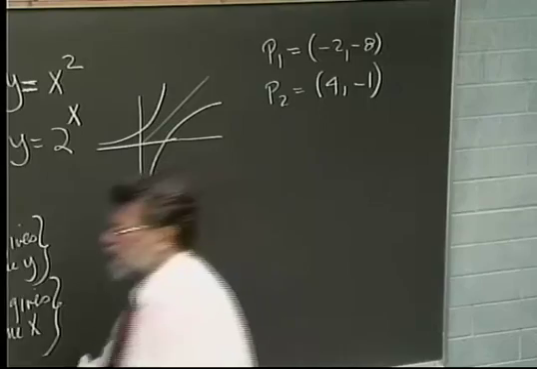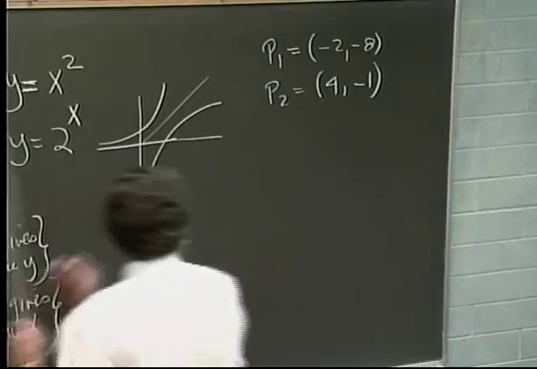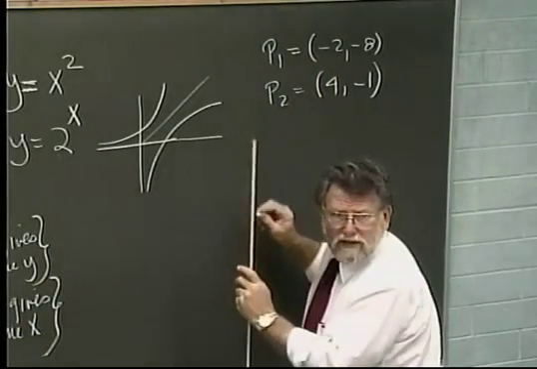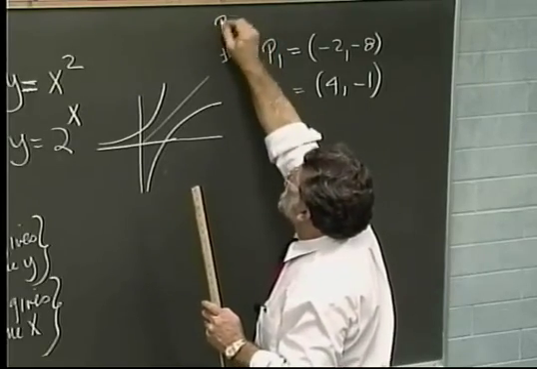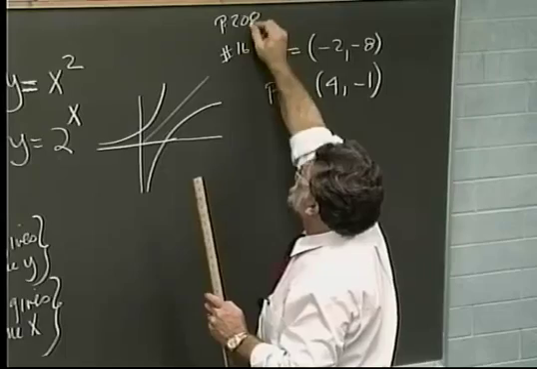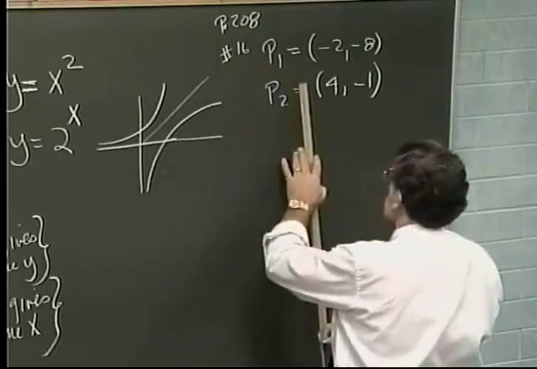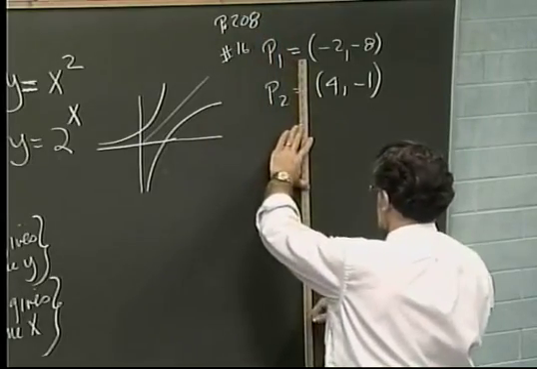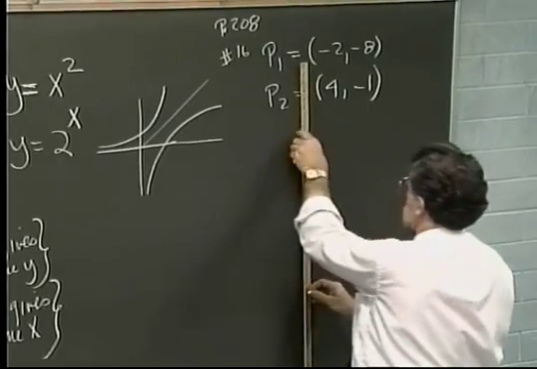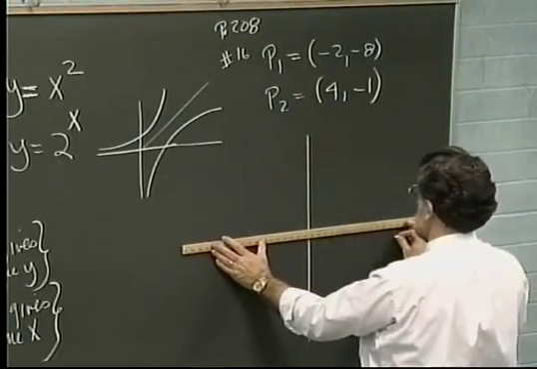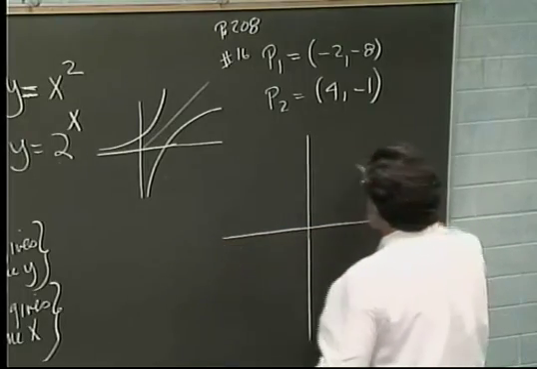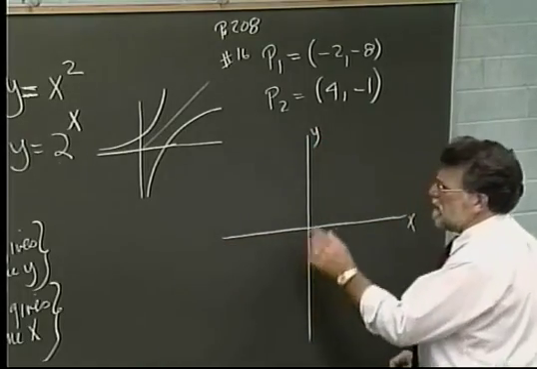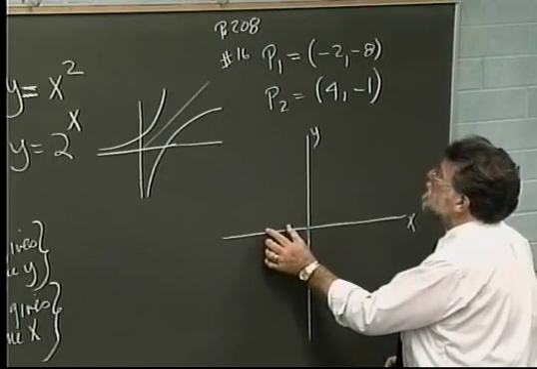Let me get the straight edge again. Let's plot it. Now this is what number again? 16, page 208. I'll write that up here so when it ends up on the photograph, it will be a little more readable. And a scale quickly. So I want, maybe by 2s. Well, let's do this.